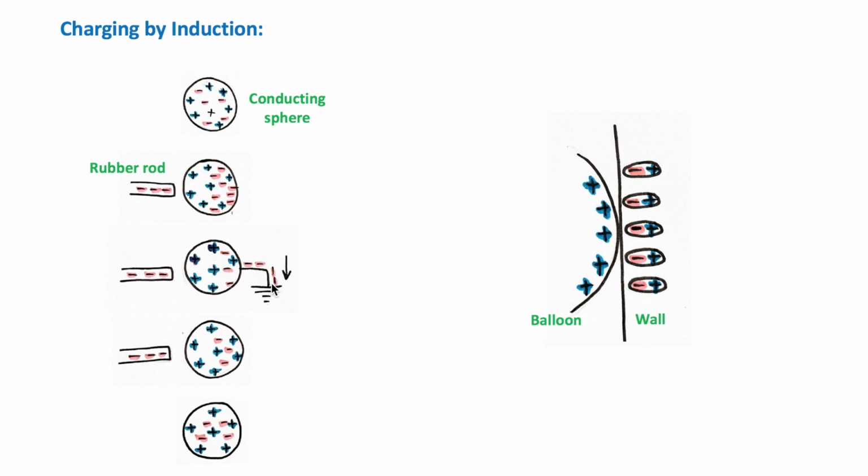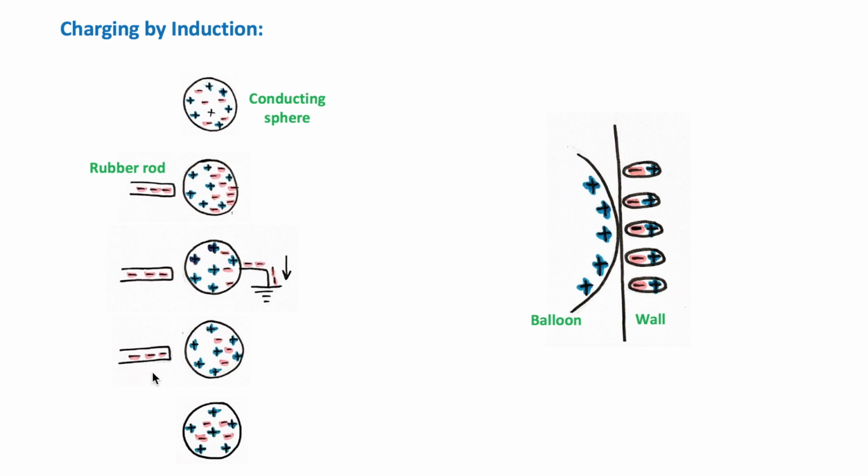Okay, and if the conducting wire to the ground is then removed, the sphere will be left with a net positive charge because of the deficiency of electrons it has now. So there aren't enough electrons now to cancel the positive charge of the protons. And you see that the sphere acquired a net positive charge.